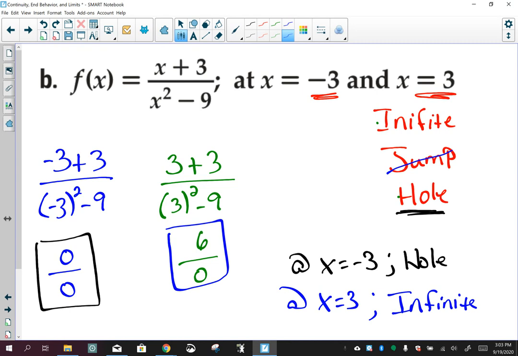So the easiest way to do this, plug them in. If you get 0 over 0, I don't care what the problem looks like. If you wind up with 0 over 0, you have a hole. If you wind up with anything else over 0, you have an infinite discontinuity, which means you have a vertical asymptote.